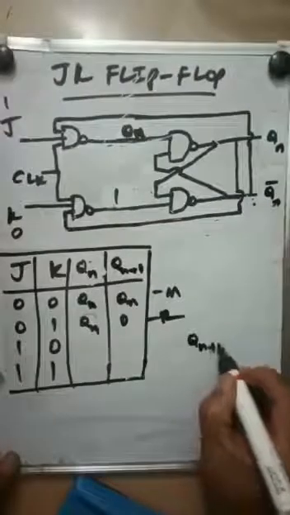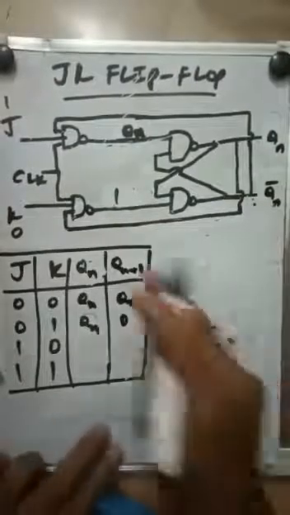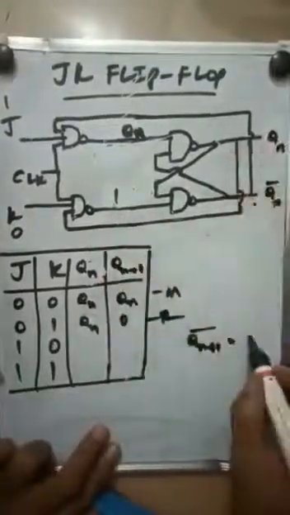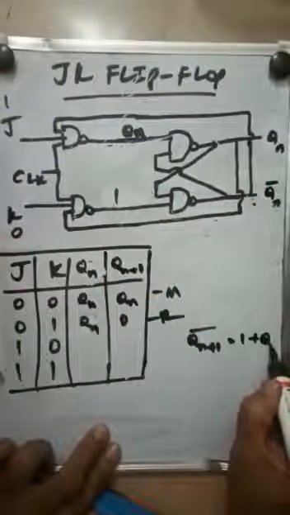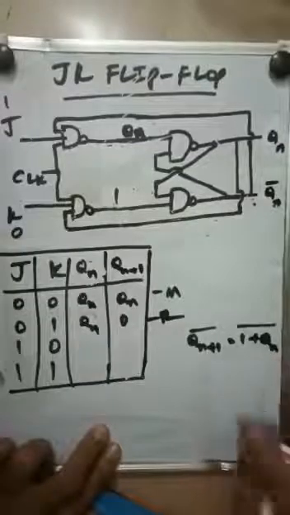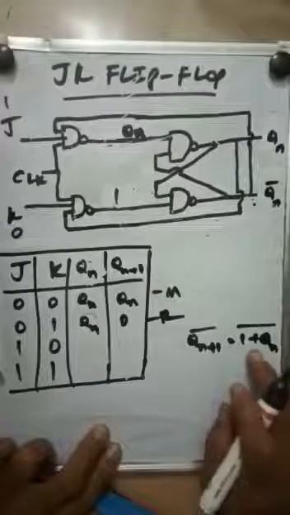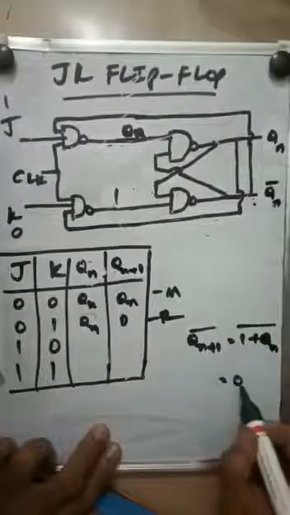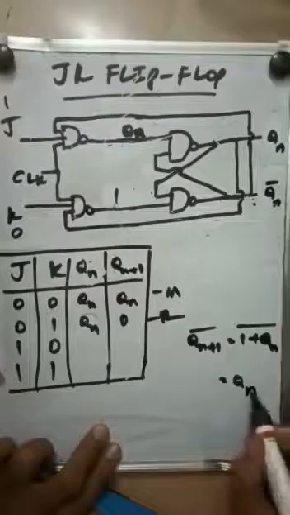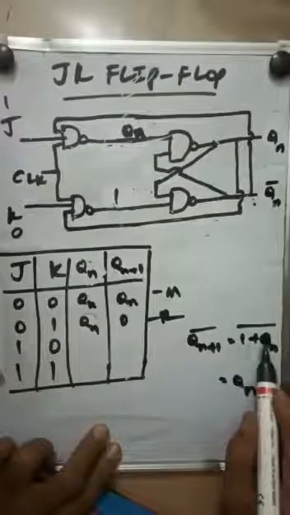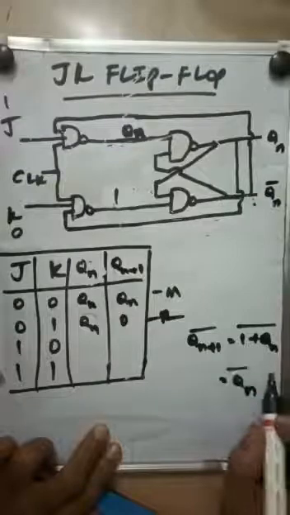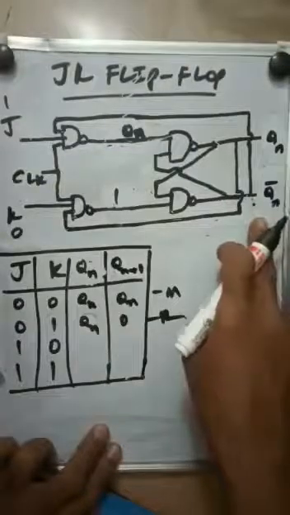Qn plus 1 whole bar is equal to 1 plus qn, 1 plus qn whole bar. That means what is this? 1 plus qn is qn. That means qn is there and qn bar. 1 plus 1 is qn and qn bar. That means this is equal to qn.